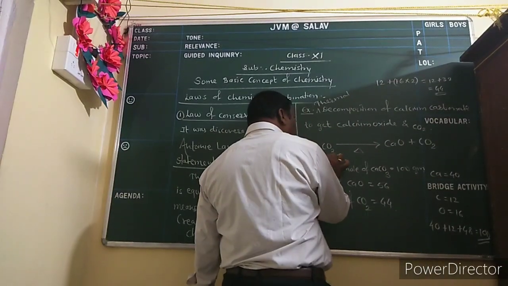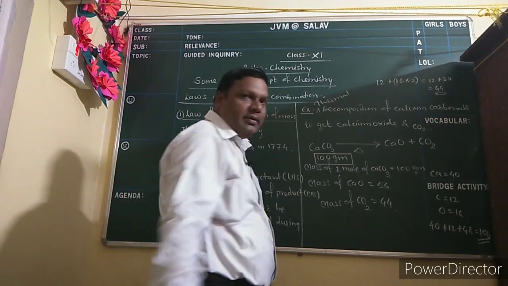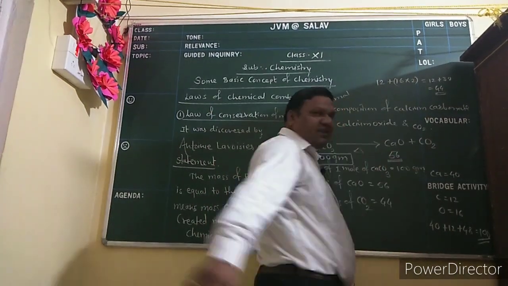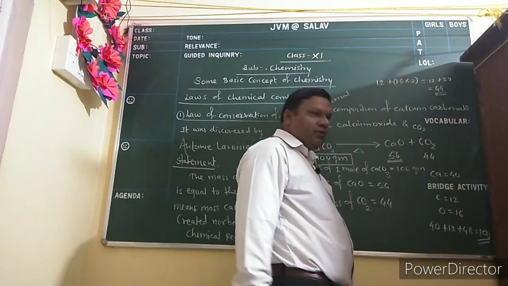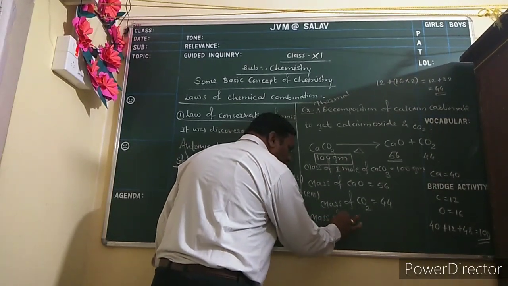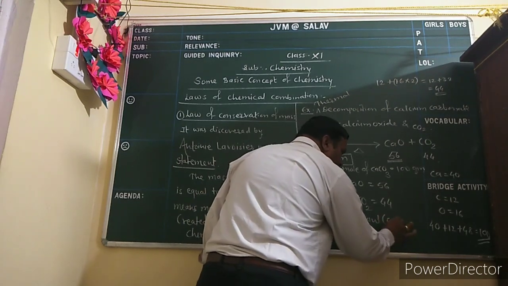So mass of CaCO3 is 100 gram, mass of calcium oxide is 56 gram, and mass of CO2 is 44 gram. Here the mass of reactant, which one is the reactant?